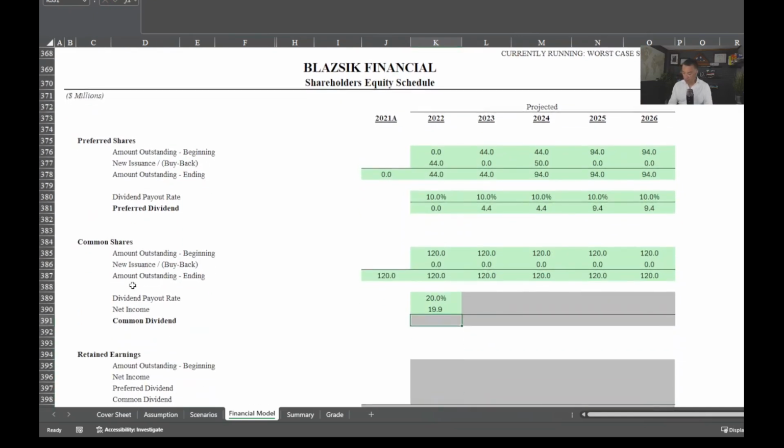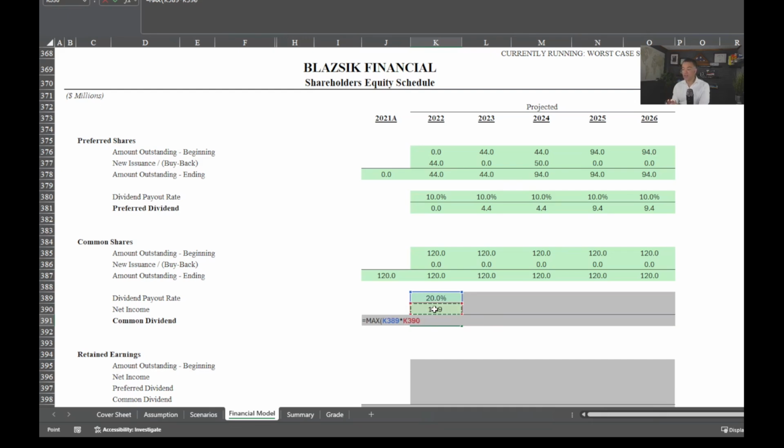All right, next I'm going to use a function, because if this number is negative, we're not going to pay anybody out. If we lose money for the year, common dividends will not have a payout rate. So I'm going to do a max function, where we take 20% times our net income.